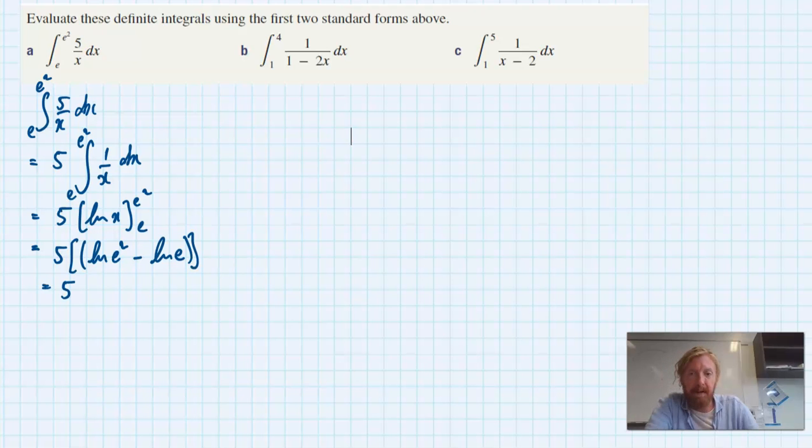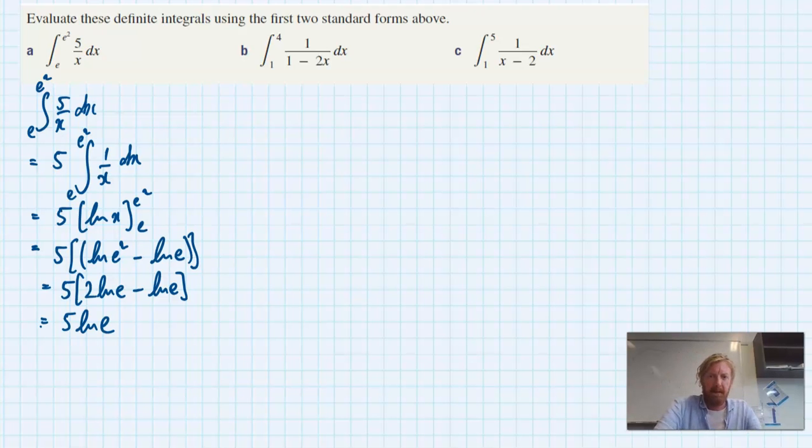Now, ln e squared is 2 ln e using our log laws. 2 ln e minus ln e. 2 of something minus 1 of something is 1 of something, equals 5 ln e. What's ln e? e to the power of something is e, so it's 1. Equals 5. Oh my god, that's amazing. Where can we do this a little bit differently?